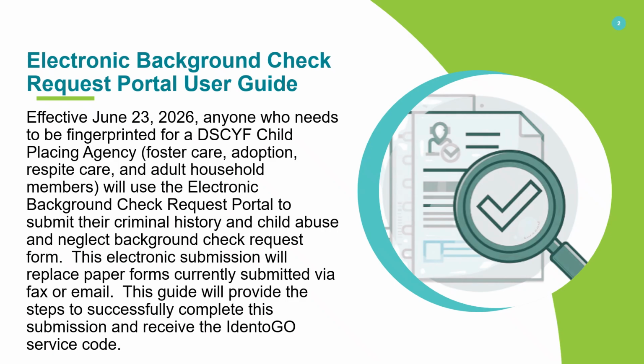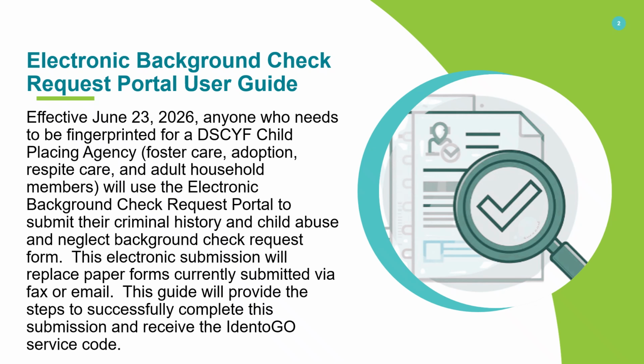Effective June 23, 2026, anyone who needs to be fingerprinted for a DSCYF Child Placing Agency, which includes applicants for foster care, adoption, respite care, and their adult household members, will use the electronic background check request portal to submit their criminal history and child abuse and neglect background check request form.